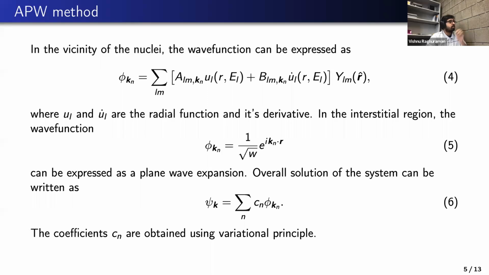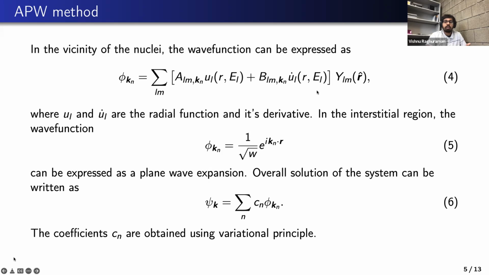Now, there's also another method called the APW method, or the augmented plane wave approach. It's similar to the KKR method in the sense that it also considers individual atomic cells. So you create the muffin tin sphere around each individual atom. Within that cell, you assume that your solution has this form.